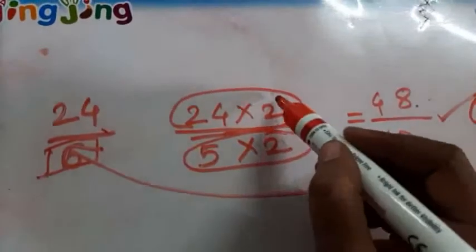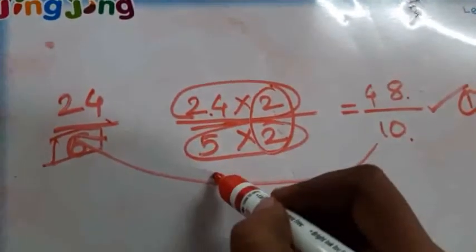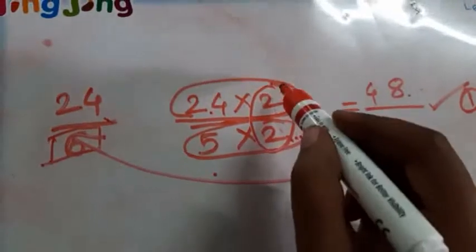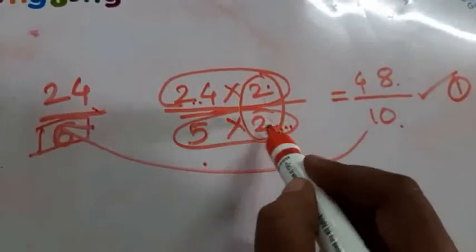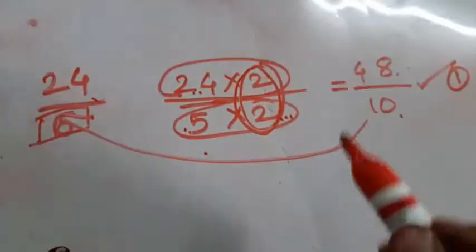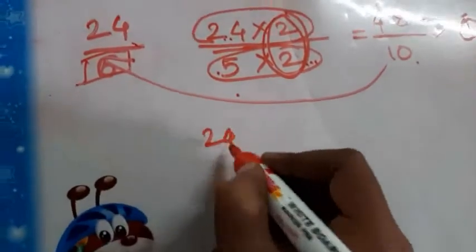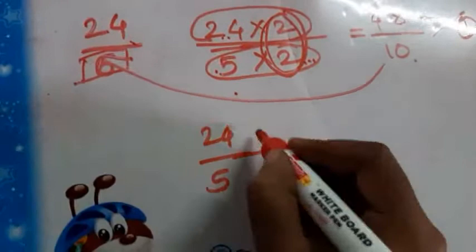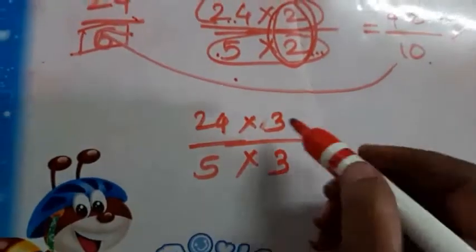Condition is that whatever number you are multiplying with 24 by 5, that should be same. You have to multiply by 2 to numerator also and by 2 to denominator also. Means this number should be same. Now we will find second pair. 24 divided by 5. Suppose multiply by 3.